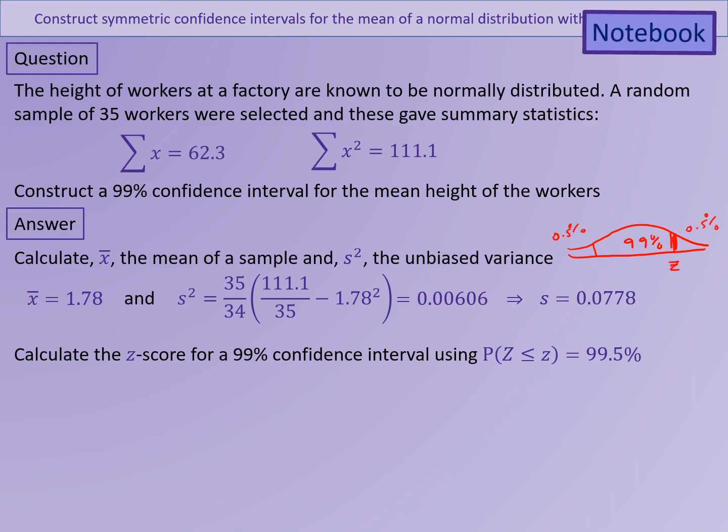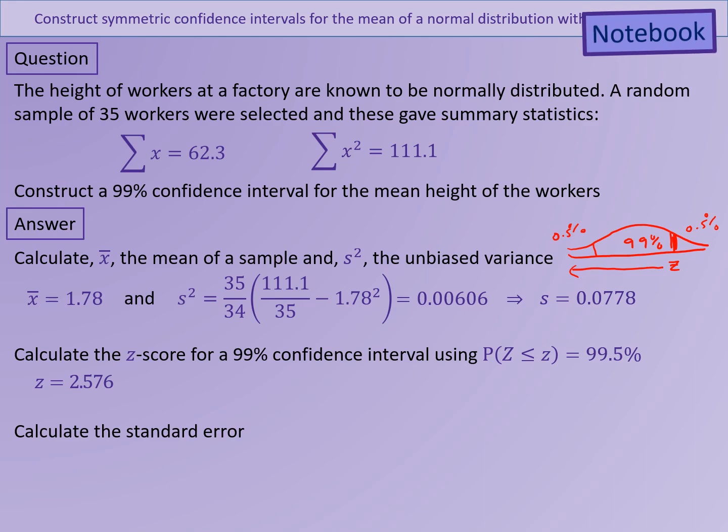And the z-score is found by considering the area to the left of this point, which is 99.5%. So we would substitute 99.5% or 0.995 into the inverse normal function of the calculator. This leads us to 2.576 for z.